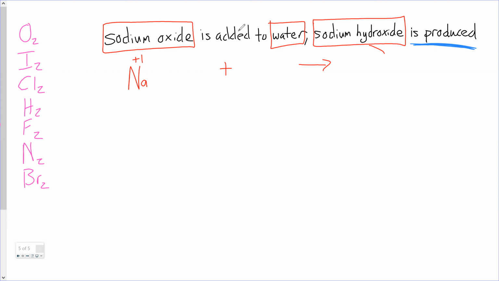And oxide is what? Anybody know the charge for oxygen? Negative, not -1, close. -2, yes. You need your periodic table for these because that's the only way you're going to know your charges. I know my charges in my head, but you need your periodic table.